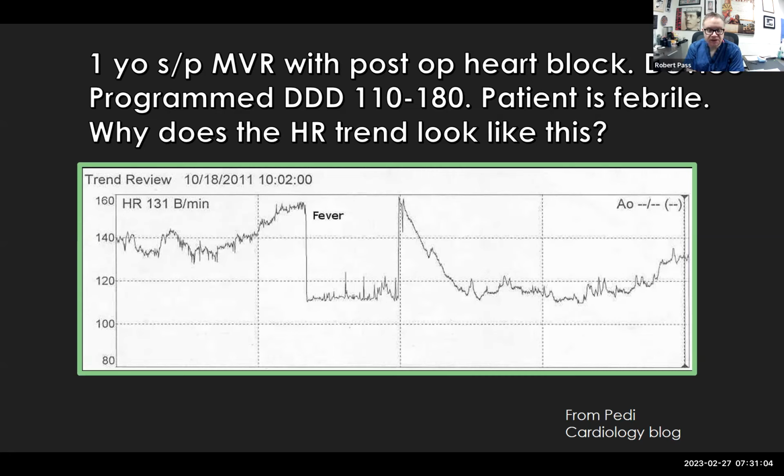His father showed me how this happened to him, even though I had him programmed up to 180. He's one of the few patients I had to reprogram up to 200 in order to track him so that he could continue to play at a high level, because he had congenital heart block, even at faster sinus rates.